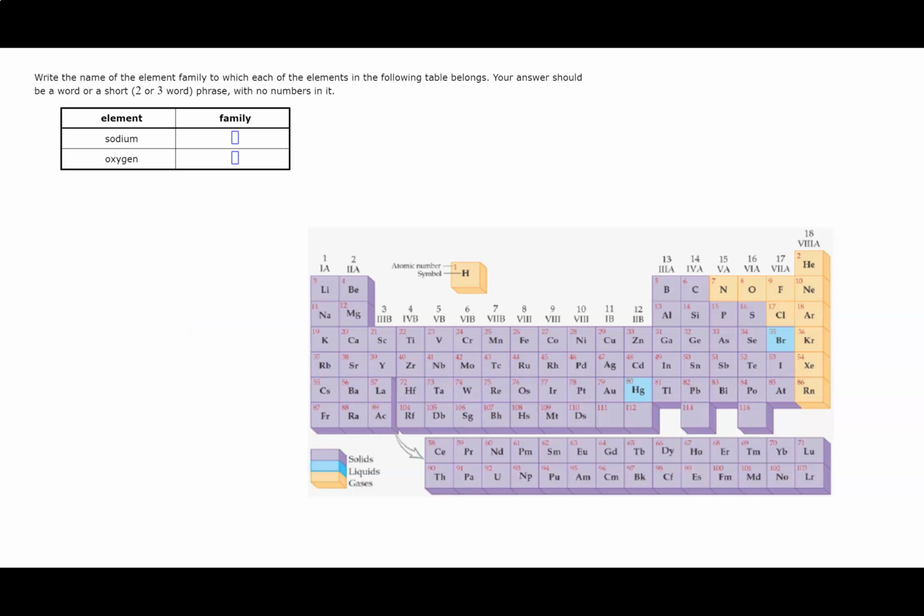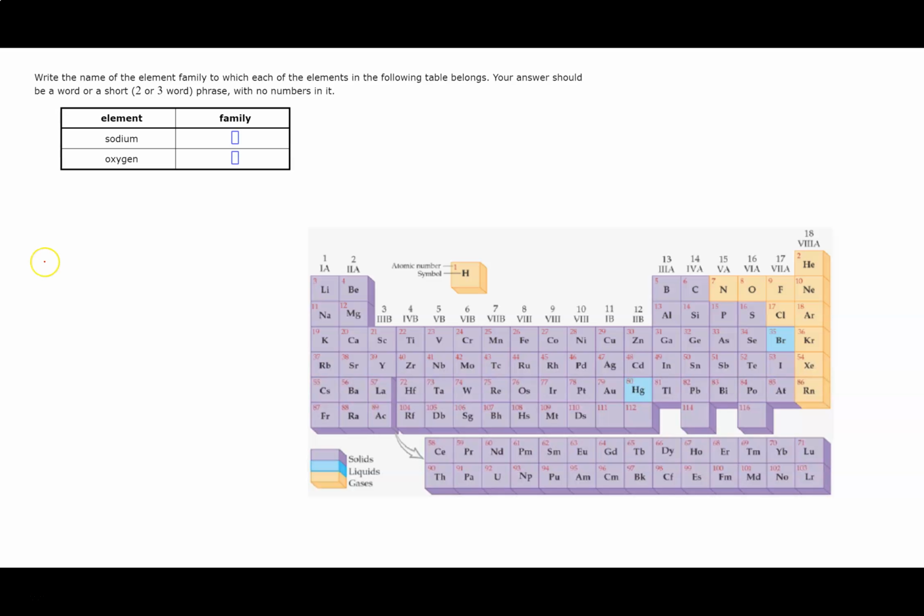So in this problem, you're asked to write the name of the element family to which each of the elements in the following table belongs. And you're told that this is going to be either a single word or a short 2 or 3 word phrase.